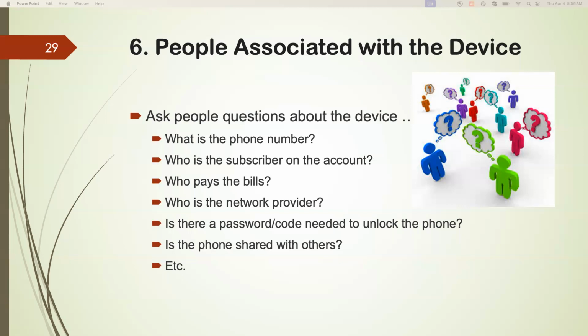So ask as many questions as possible related to the phone, related to the SIM card: who's the owner of the phone, who pays the bill, what is the phone number, what is the service provider's name, and so on. That will help you in identifying whether somebody is the actual owner of the mobile phone, or they simply stole it from someone else, or got it from some other place.